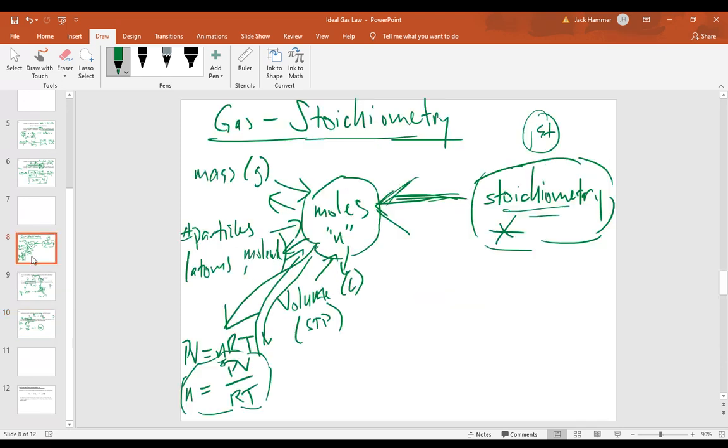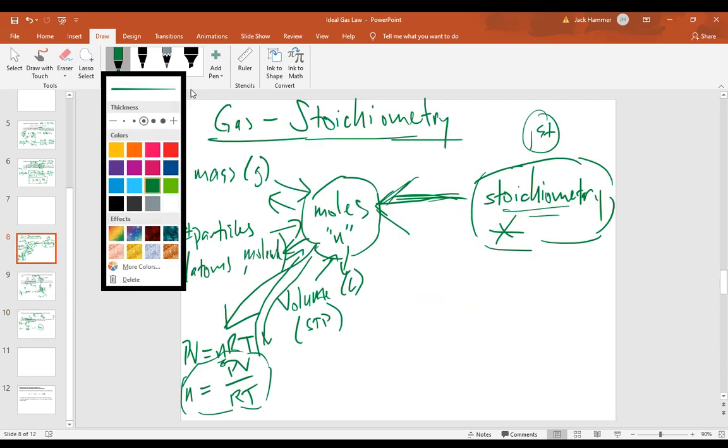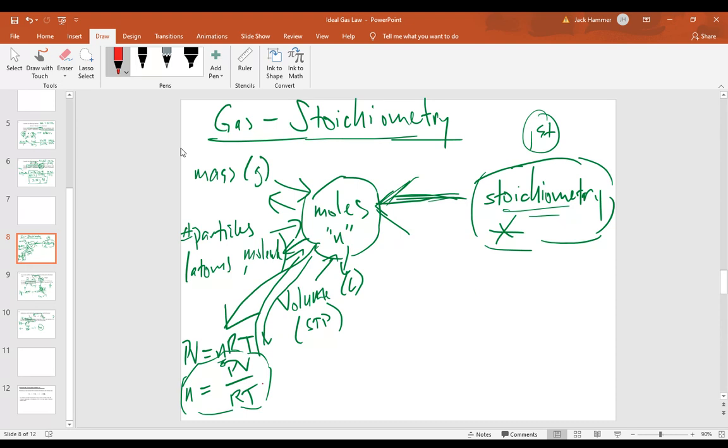So if we step back to this crazy map, in this case, we're starting here with the ideal gas law. We're going here to moles, then using stoichiometry to figure out how many grams of hydrogen gas. All right, so I want you to give this a shot.